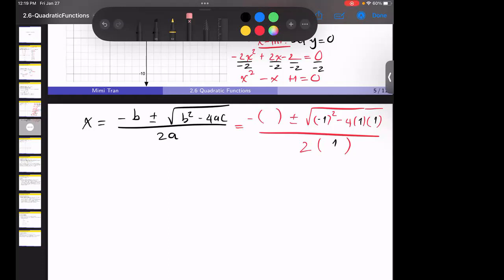Negative b, right? So negative, parentheses. The negative comes from the formula. Hang on, I confused you with the color. Let me do black, and let me erase that. I just rewrite the formula, and now you plug in your b. What's b?